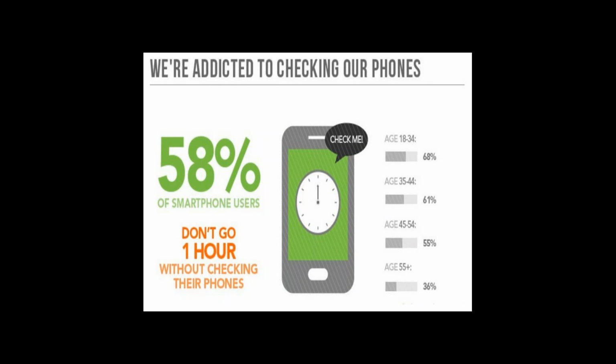Most of all youngsters, you can observe. For the age group of 35 to 44, it's 61%. For 45 to 54, it's 55%. And for 55 and above, it's 36%. To conclude these numbers, the usage among the corporate age group and the impact of smartphones is really very huge.